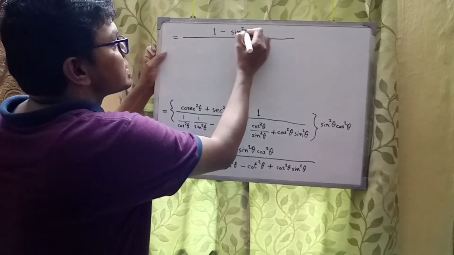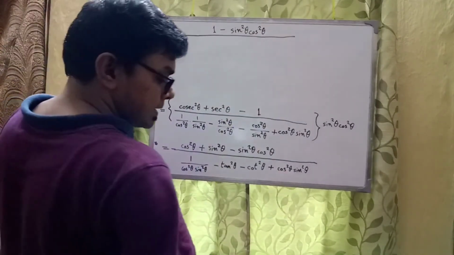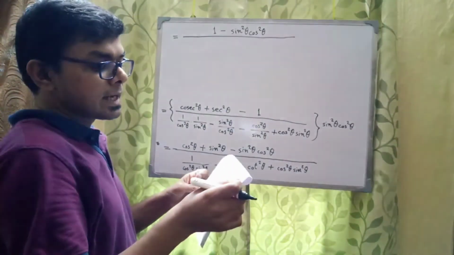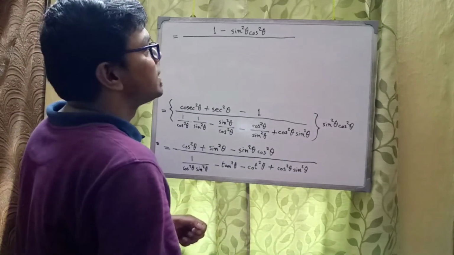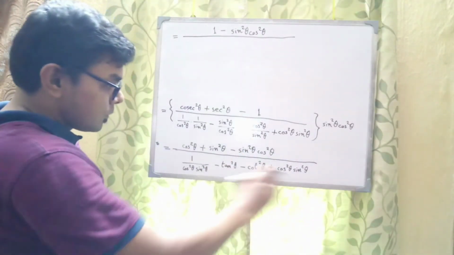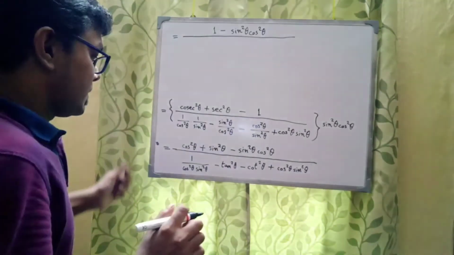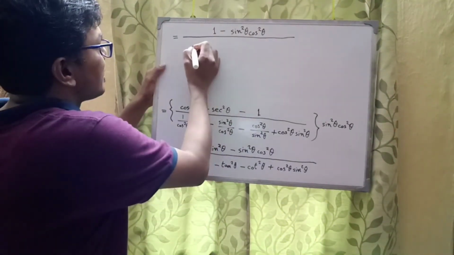So you see, the sum said that in the right hand side you should have 1 minus sine square theta cos square theta by 2 plus sine square theta cos square theta. So the numerator has already been achieved. Now we are left with this part. So let's do it.